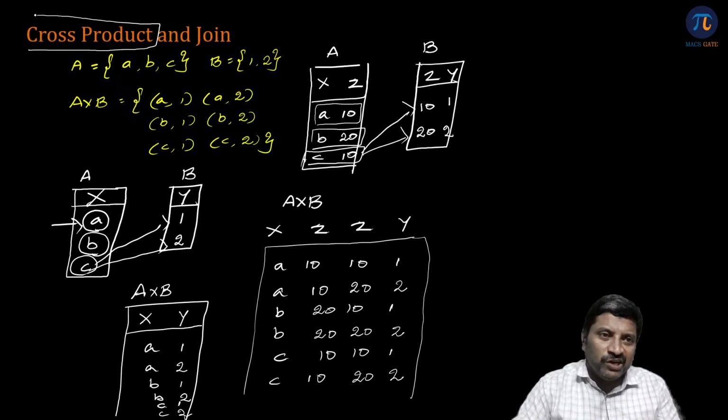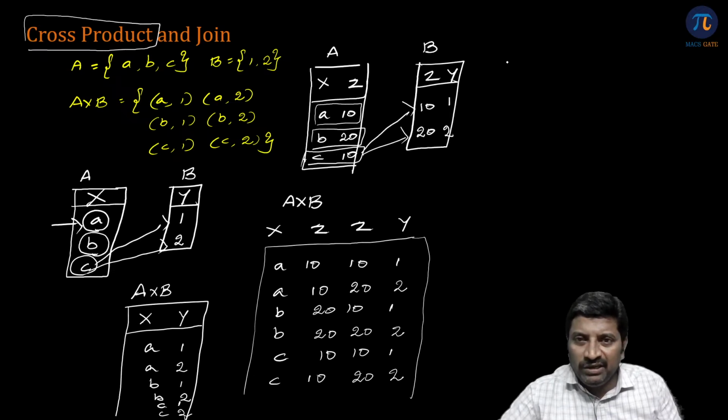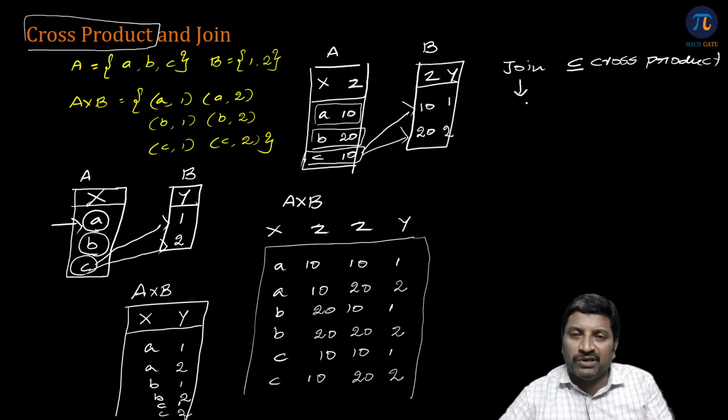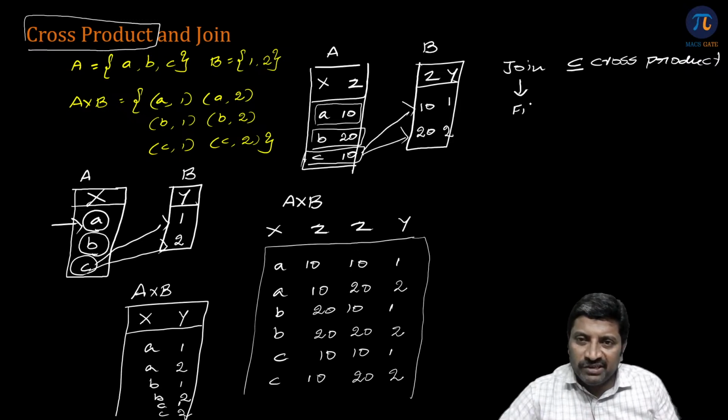Then what is join? Simply you can say join is a subset of cross product. That means cross product will consider all the possible rows for A cross B. When coming to join, it will filter some records.